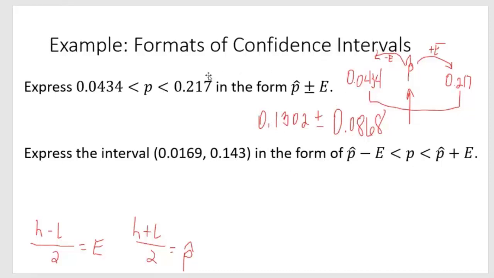And if you add them, you get the upper end. So going directly is not quite as difficult as going backwards. So we're going to do this again, but write it differently. When I go to here, I'm going to say that my actual proportion is between those two values. So it might want me to do this.